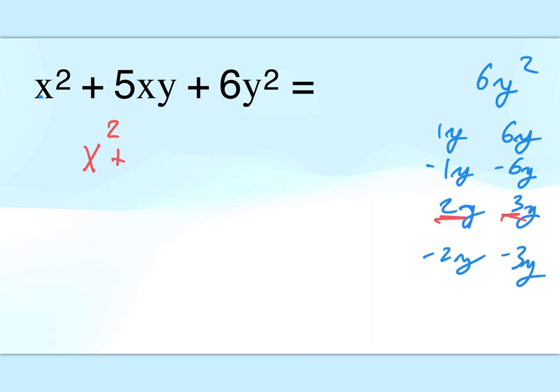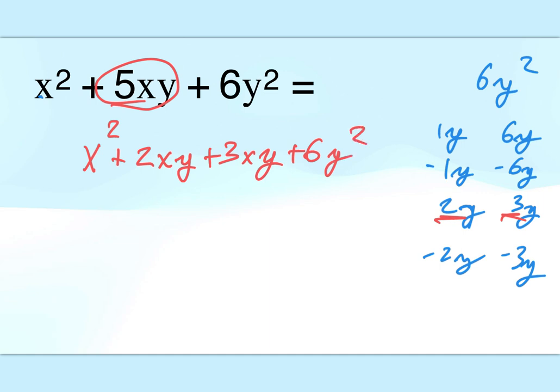The 2 and the 3, the positive 2 and the positive 3, seems like that might be the way to go. If I take this and unsimplify it into 2xy plus 3xy, right? Unsimplify means I'm just splitting it up into two things that would add to 5xy that I think might be related to this, and then I'll leave this as plus 6y squared.